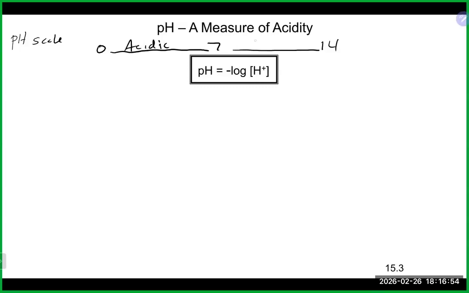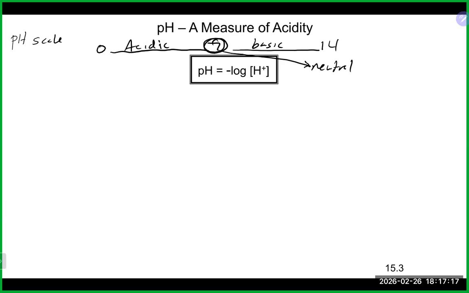Above 7 is basic. And really right on 7 is neutral. And that is because at 7, or neutral pH, the H plus concentration will equal the OH minus concentration, and that will get you really a pH of 7. So we're going to go 7 as being neutral here.